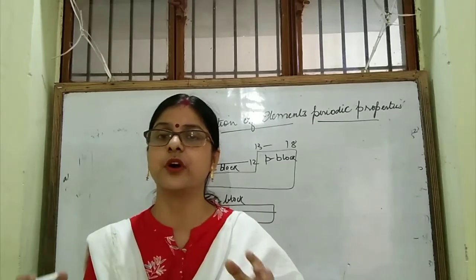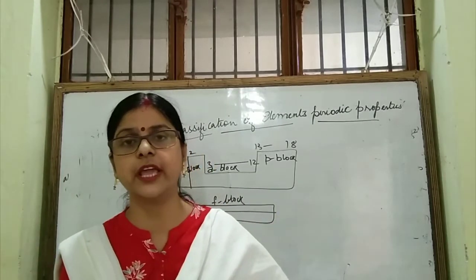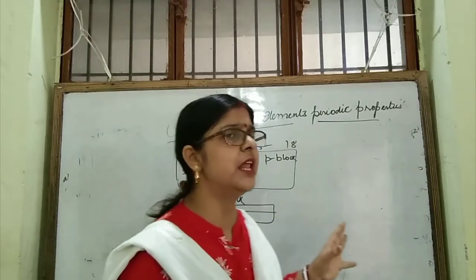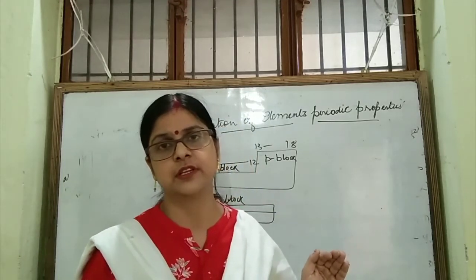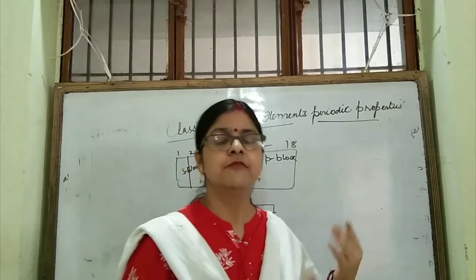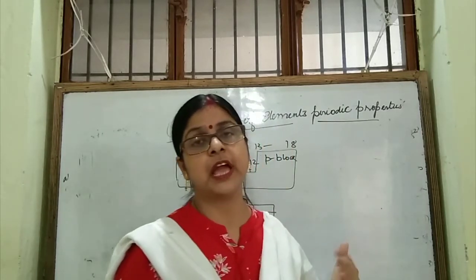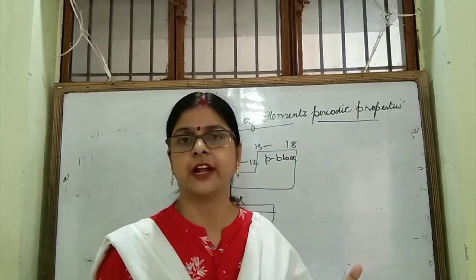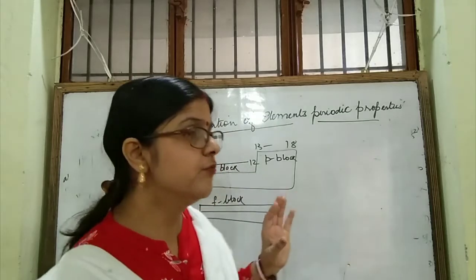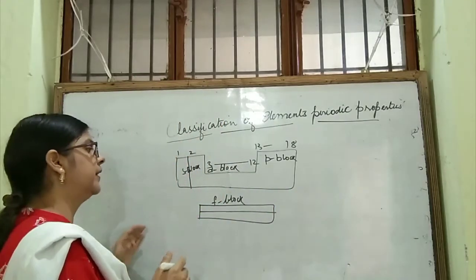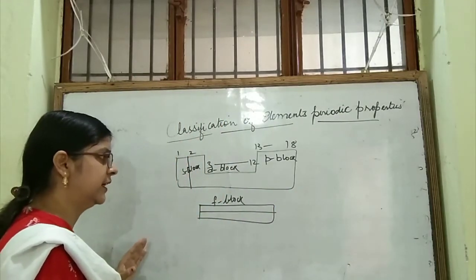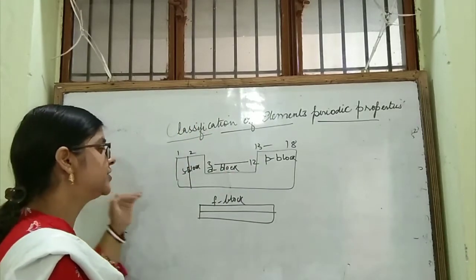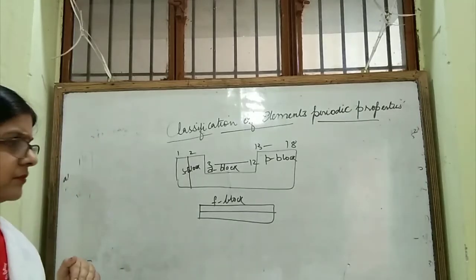All these things were overcome by Moseley in his modern periodic table. The modern periodic table is based on atomic numbers. In the modern periodic table, physical and chemical properties of the elements are periodic functions of their atomic number. There are 18 groups and 7 periods. We all know the vertical columns are groups and the horizontal rows are periods.